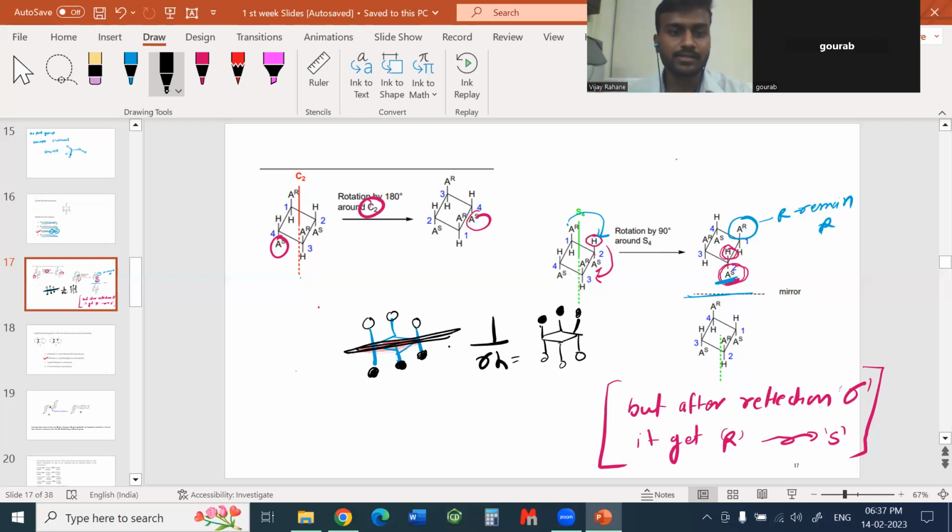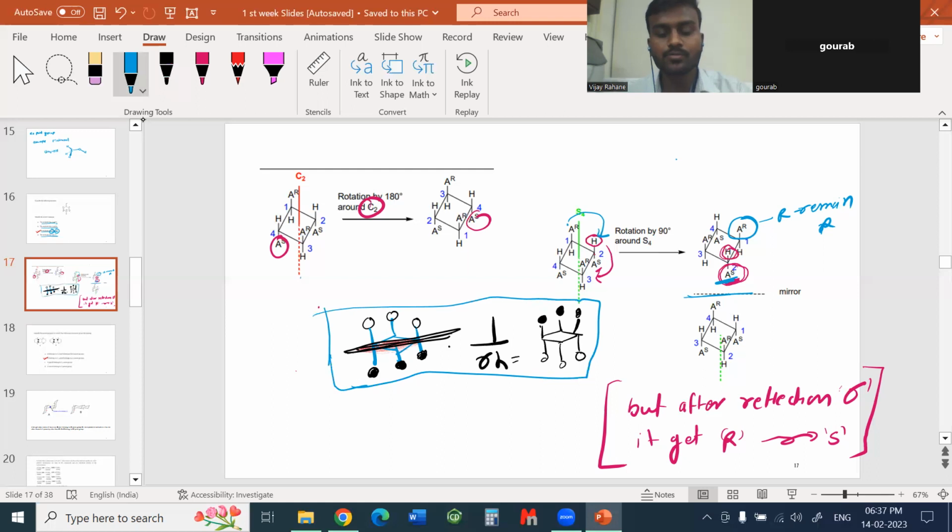In this diagram, we can see the groups get interchanged: initially the dark one was on the lower side, now they are on the upper side. Similarly, here also. Initially here is the A group and lower is the hydrogen. Now this group goes down and the hydrogen goes up, right? But here we need to note these things.